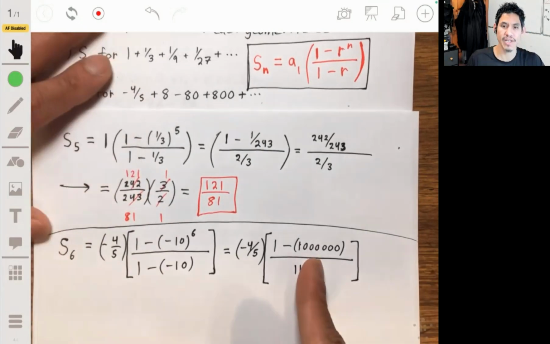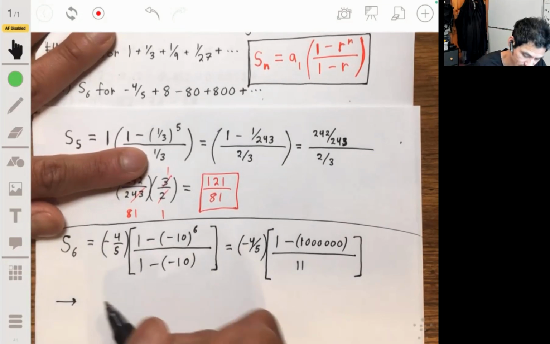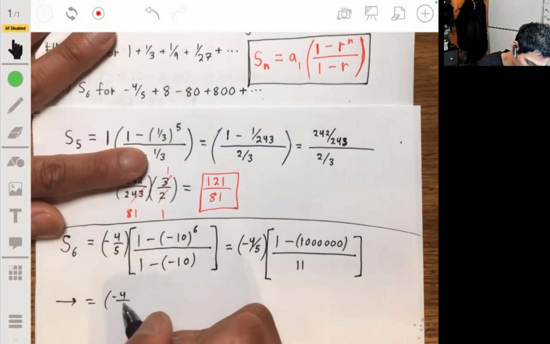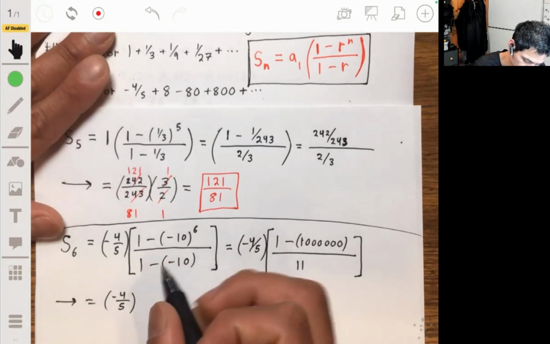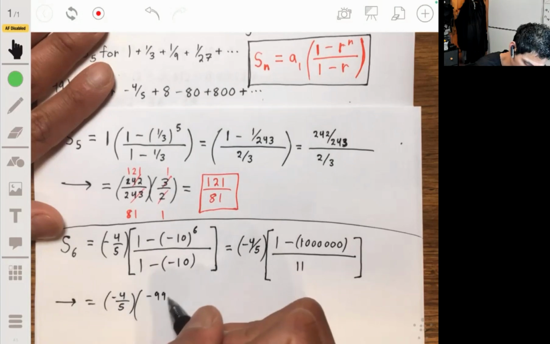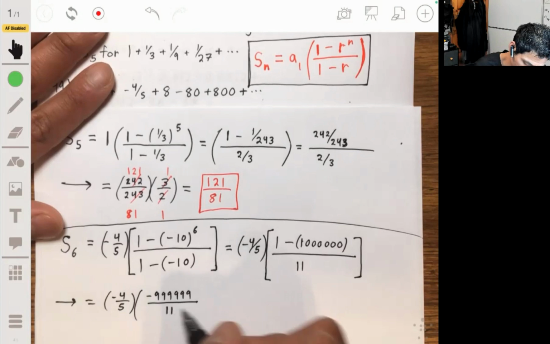So on top, you have negative 999,999 all over 11 times negative 4/5.